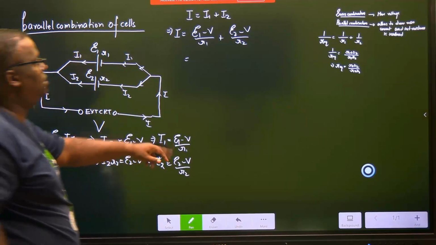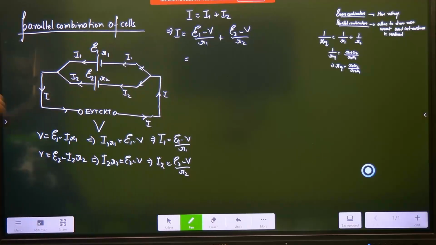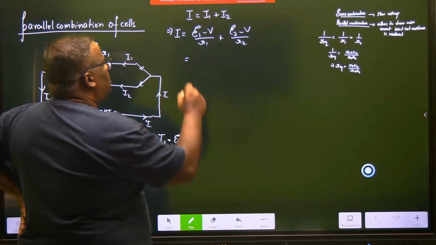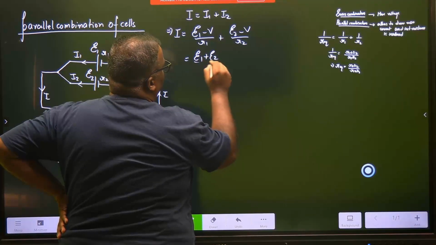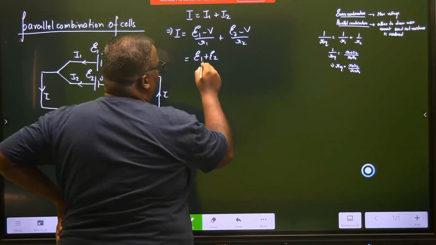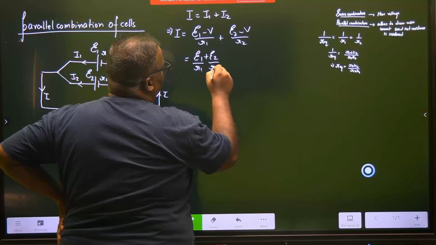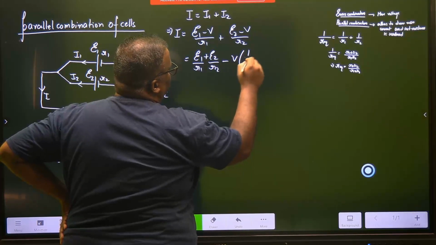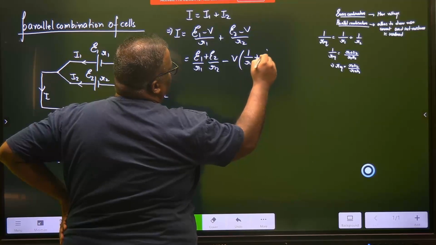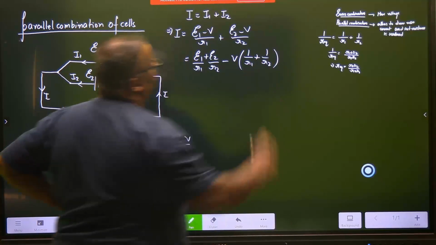I've just replaced I1 and I2 from what I have derived out here. So this can be now written as E1 plus E2 divided by R1 R2 minus, if I take V common, it becomes 1 upon R1 plus 1 upon R2. Perfect.